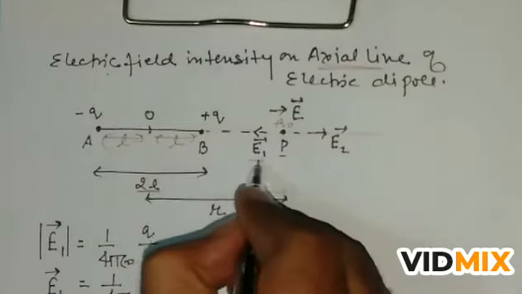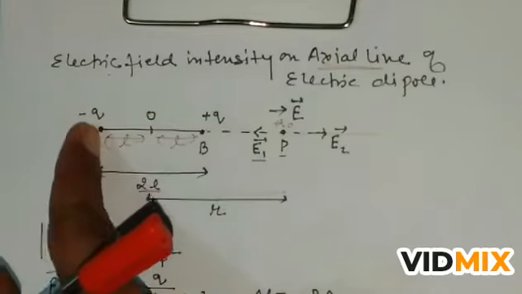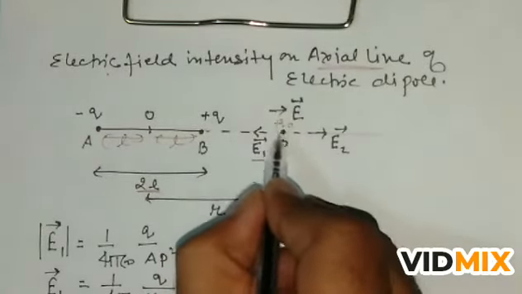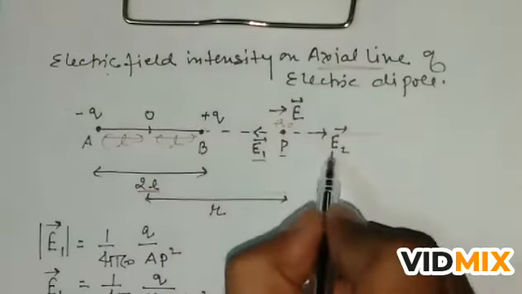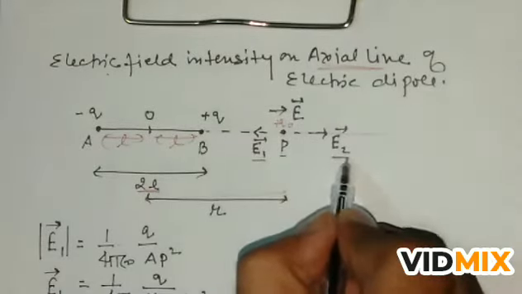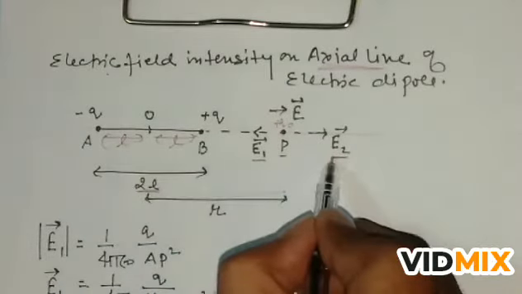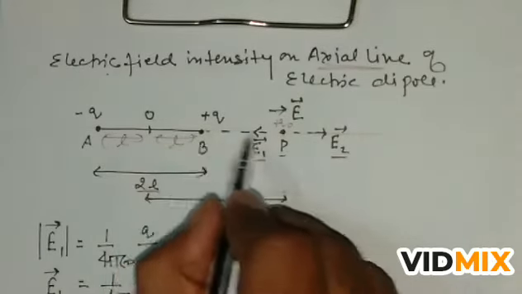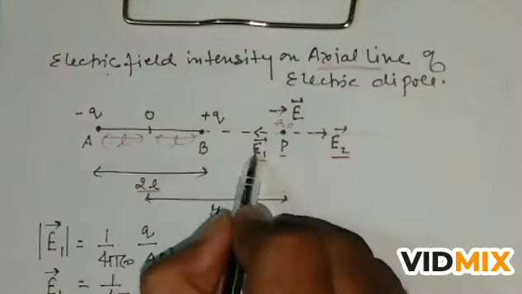So this is the electric field E1 towards the negative charge due to this charge, and at the same time this test charge Q naught will be repelled by this charge plus Q. This is the electric field by plus Q away from the charge, so this is E2, and since this point is closer to this charge, the electric field intensity is also more than this electric field.